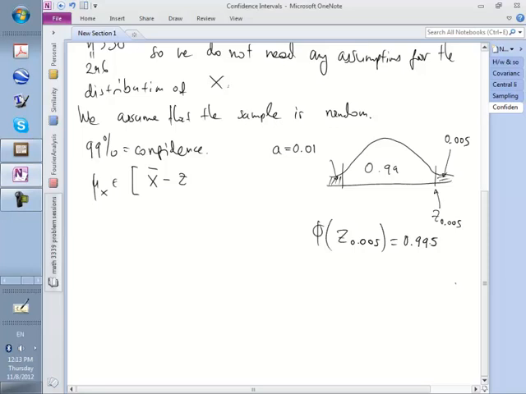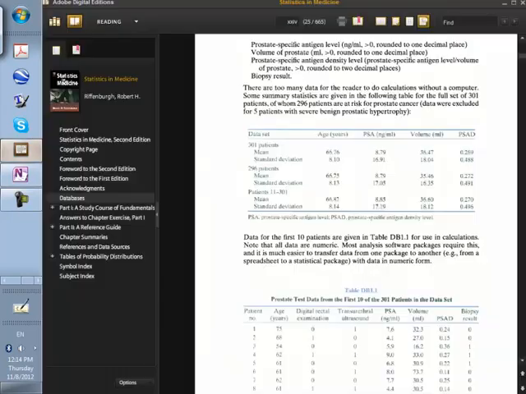So if you look here, 0.005, you will find the upper percentage point, which is 2.57576. So this point that you're looking at here is 2.576. So I will have this times, what do I put here? Let's go to our book, our data set. What is this number here, 17.05?